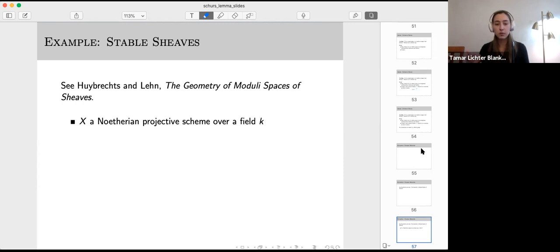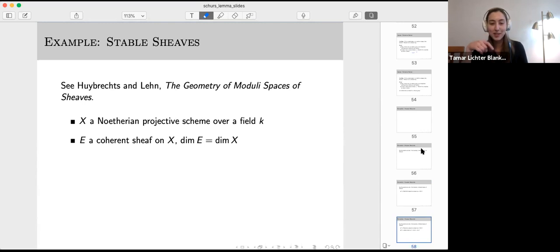And a projective scheme over a field K is also a nice property. If you know about projective varieties, you can think of a projective variety-ish. So whatever, we're not actually going to work with the details here. I think these are just the assumptions you need to make everything I'm going to say work. So this is an object that you study in algebraic geometry, or if you know what it means, then great.